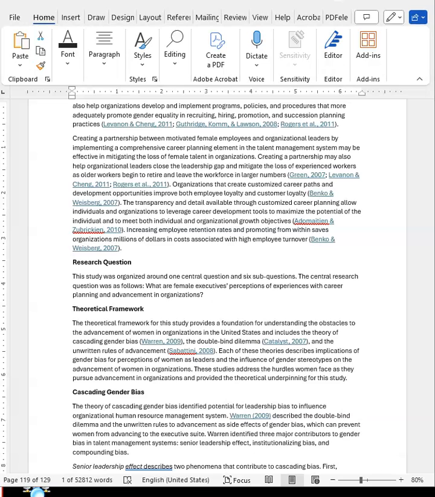Theoretical framework. The theoretical framework for this study provides a foundation for understanding the obstacles to the advancement of women in organizations in the United States and includes the theory of cascading gender bias, Warren, 2009, the double-bind dilemma, Catalyst, 2007, and the unwritten rules of advancement, Sabatini, 2008.